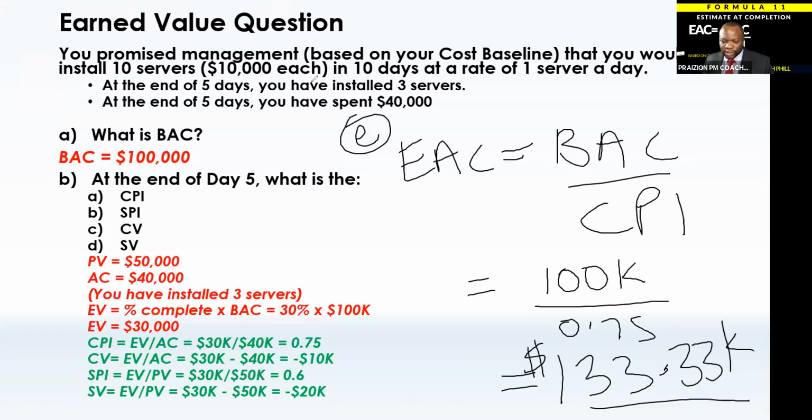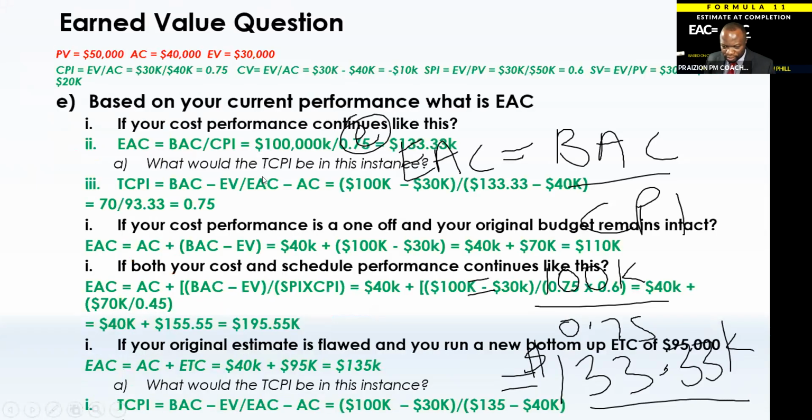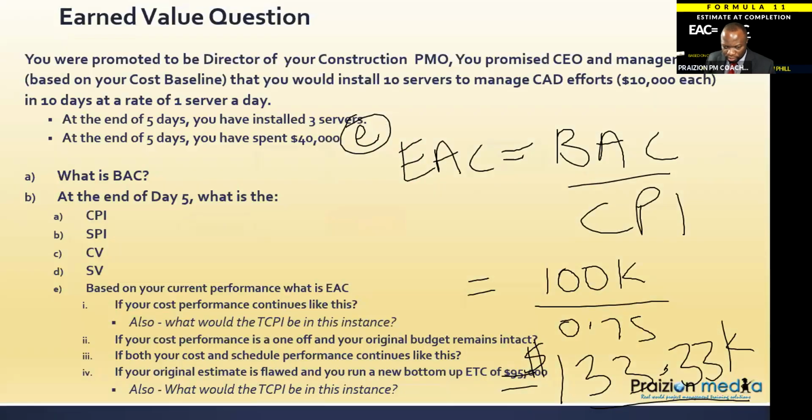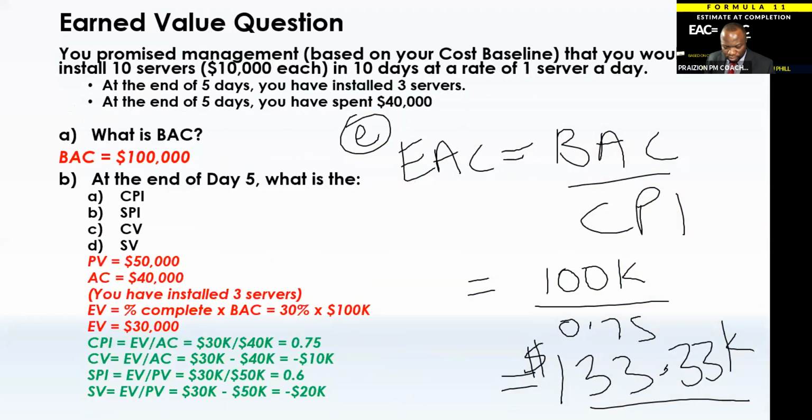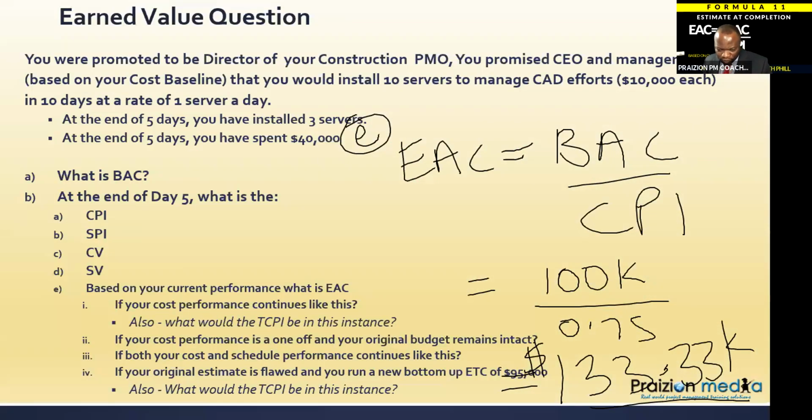So your estimate at completion, based on the question, let me go to that actual slide. Yes, it says based on your current performance, what is EAC? So the answer to this one, E here, is going to be equal to 133.33K dollars. Does that make sense for you?